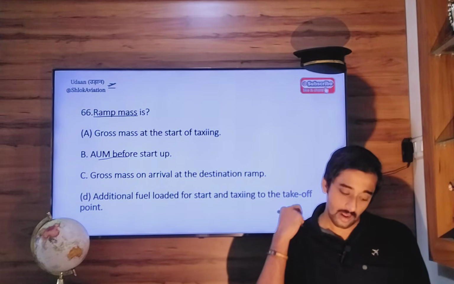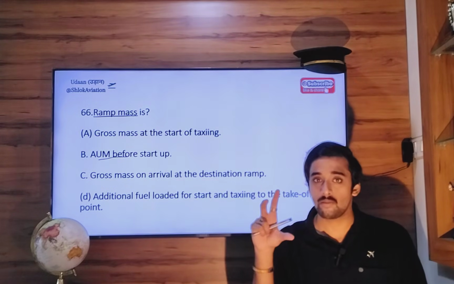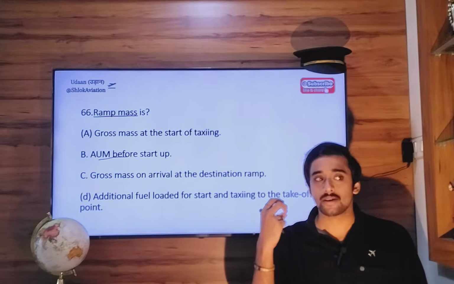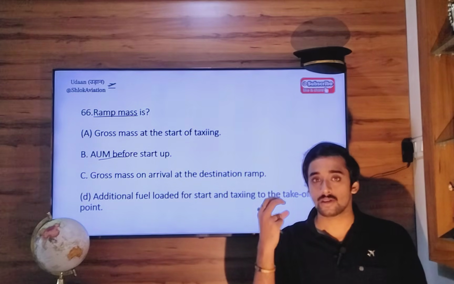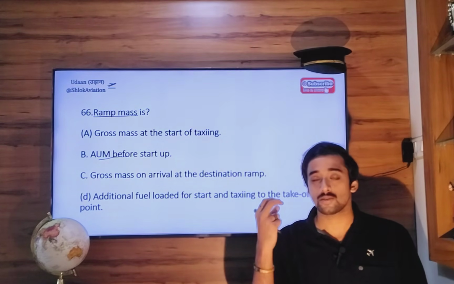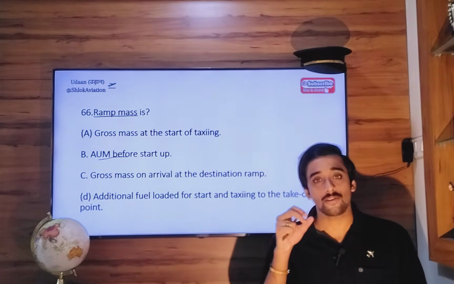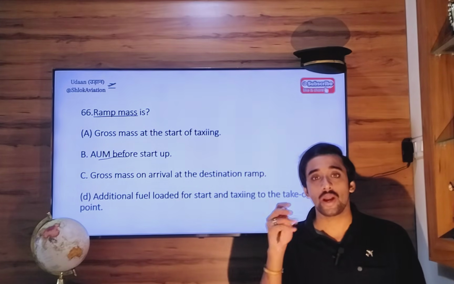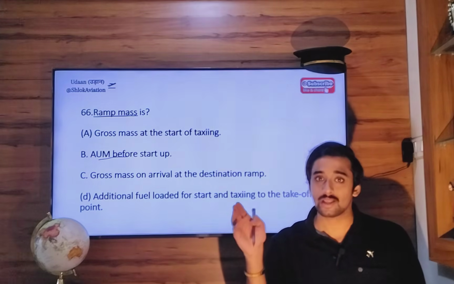So at the time of ramp, the weight of the aircraft will be maximum because at the ramp the aircraft doesn't run on its engines. Okay, so no consumption of fuel happens. If fuel is not consumed, that means the weight of the aircraft will not decrease with time, right?